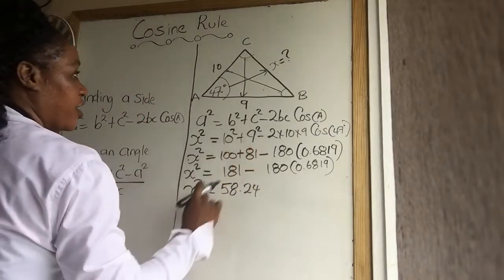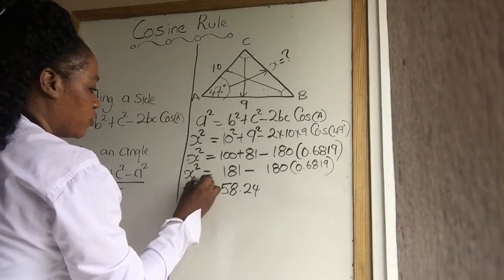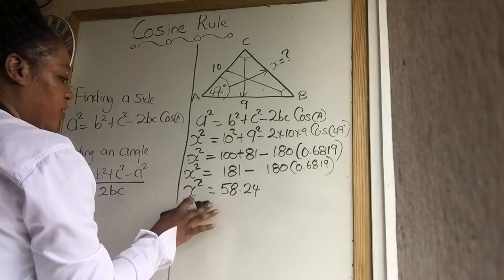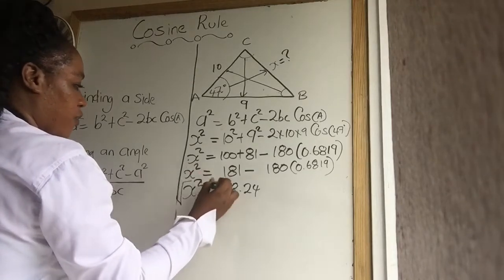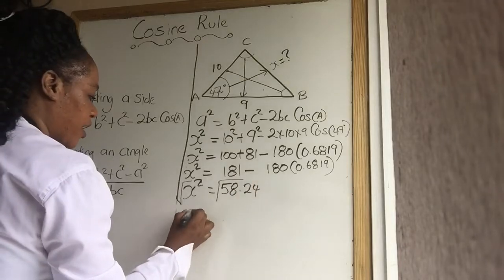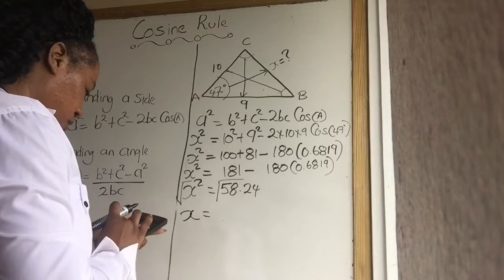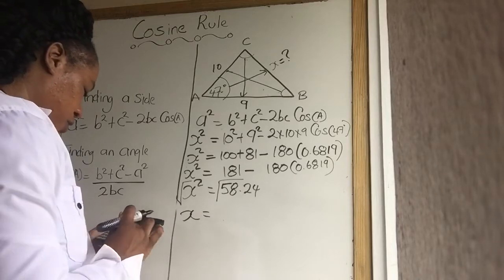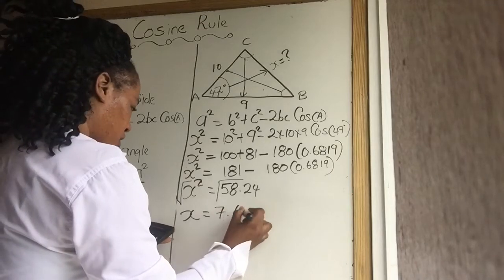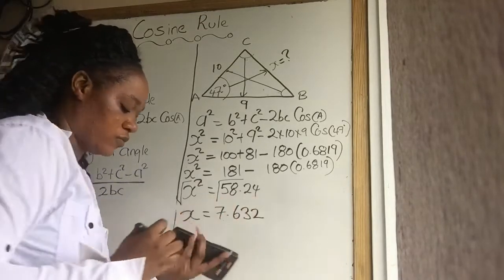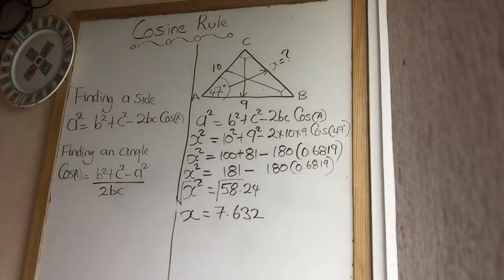Remember that we are looking for x, and because this is raised to the power of 2, we have to find the opposite of a power, and that is rooting it. So we root here and we root here. Now x is equal to the square root of 58.24, which is 7.632. And that is how we go about finding a side.